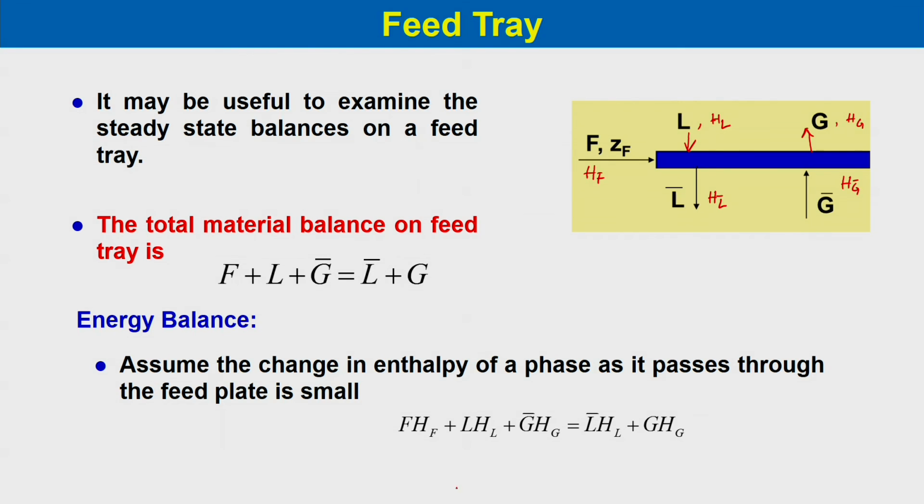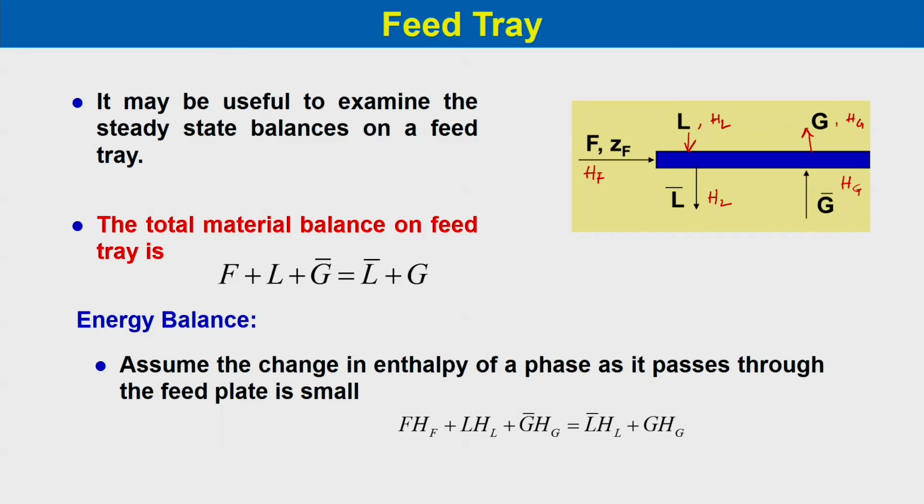So, in this case the enthalpy of the vapor which is coming to this tray is considered as Hg, and the enthalpy of the liquid which is coming down from the tray is also considered as HL.